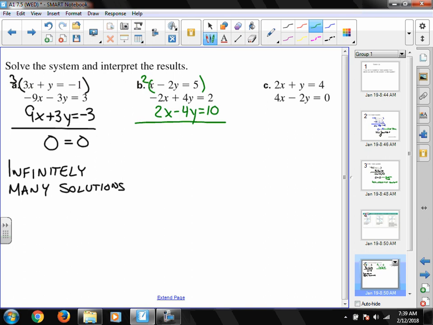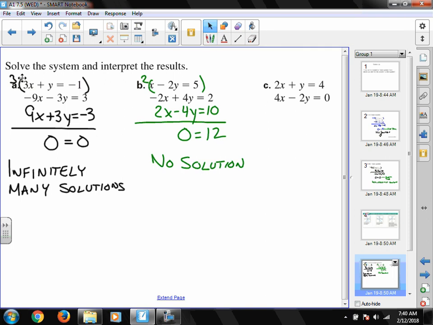And -2x plus 2x is 0. 4y plus -4y is equal to 0, so that entire side is 0. And 2 plus 10 is going to give me 12. That is never true. So that means we have no solution. Meaning the lines are going to be parallel. They're never going to intersect.